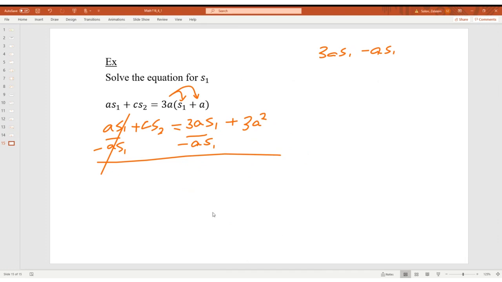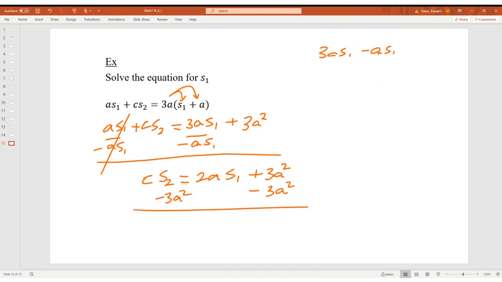So I have 2AS1 on the right hand side. Here, CS2 equals 2AS1 plus 3A squared. I'm solving for S1, but I see addition here, so you have to undo addition: minus 3A squared, minus 3A squared. This gives you CS2 minus 3A squared equals 2A S1.